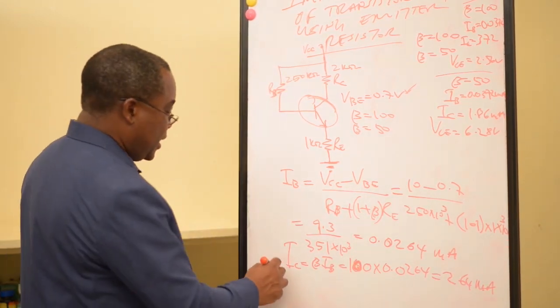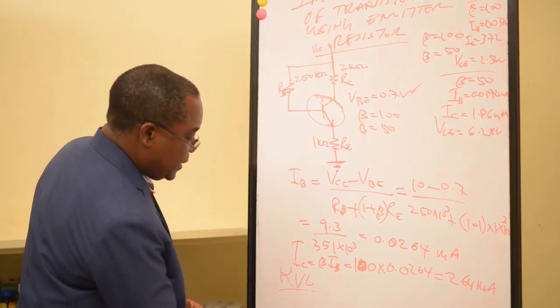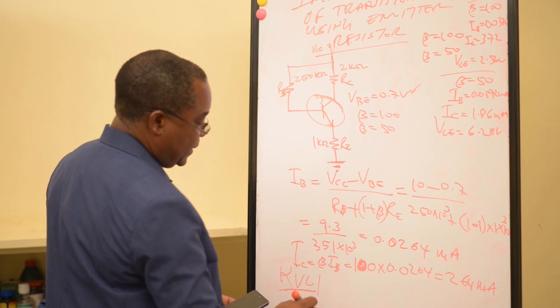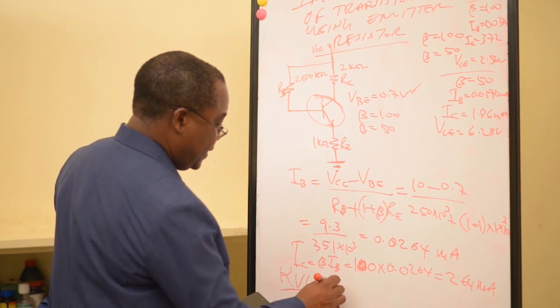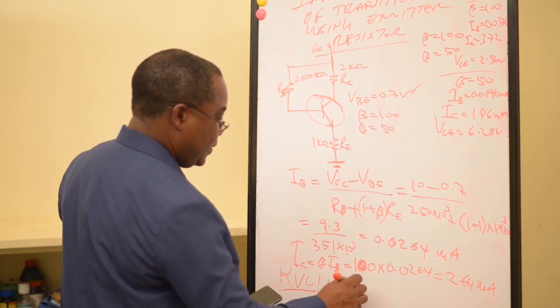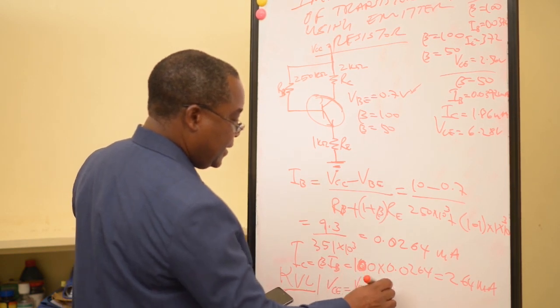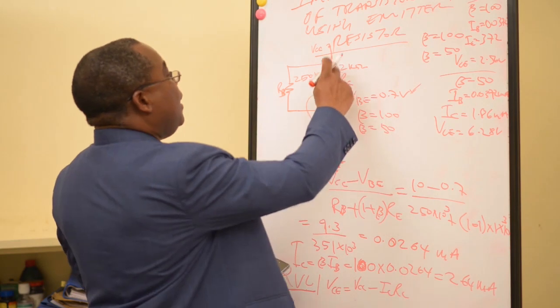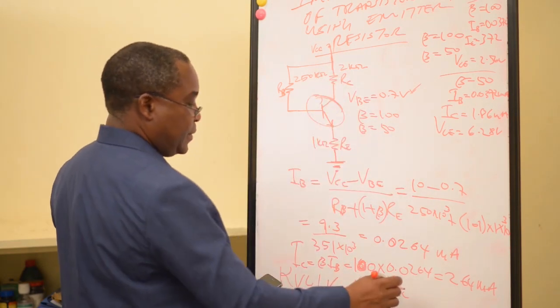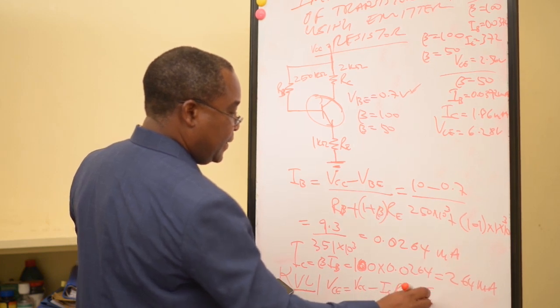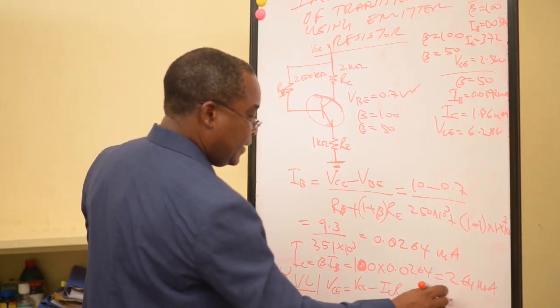Then, by using Kirchhoff's voltage law, we'll use that. VCE is equal to VCC minus IC RC, and this one also will minus IE RE.